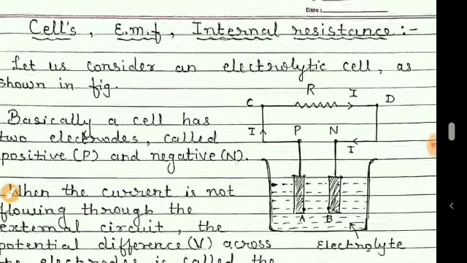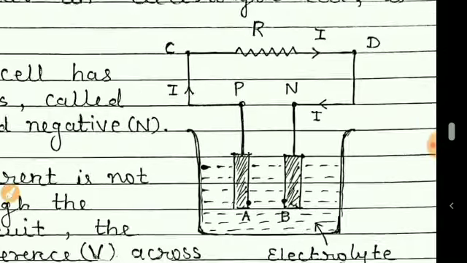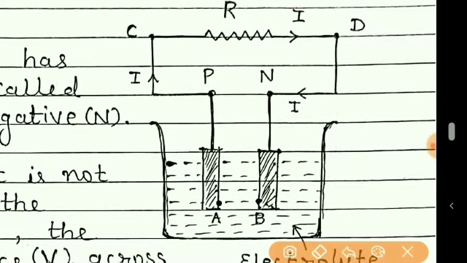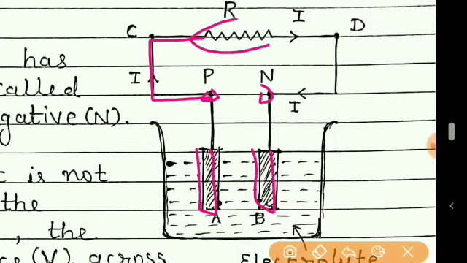Now students, here a simple chemical cell is shown to you. There are two electrodes. They are connected at points P and N, and this is the external circuit in which a resistor R is connected.